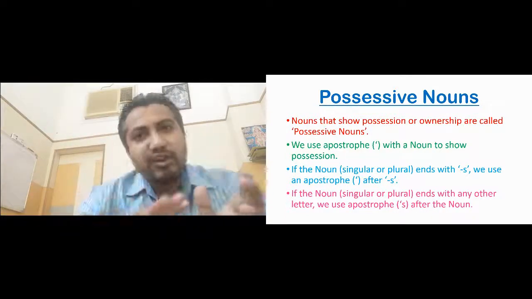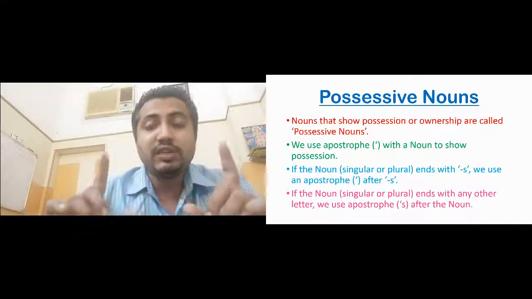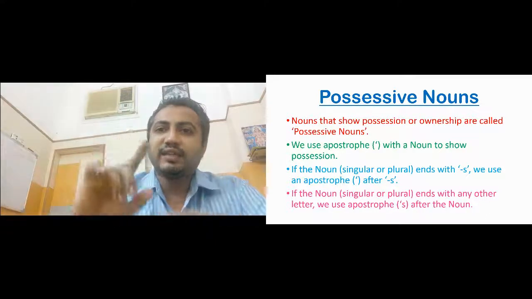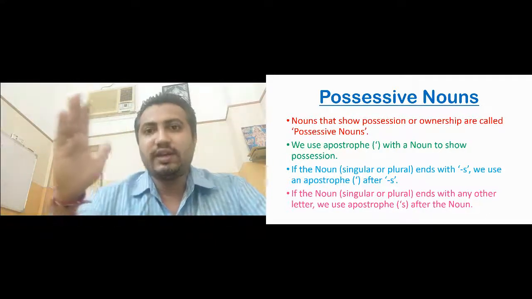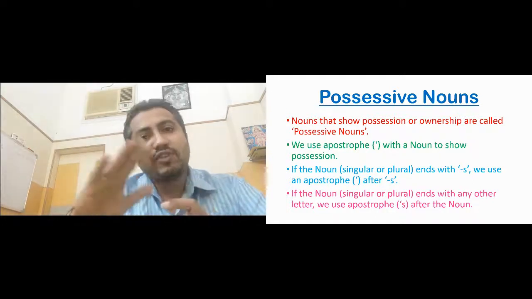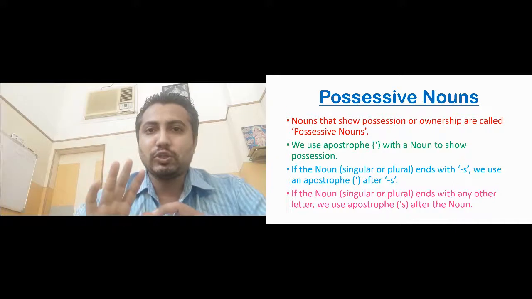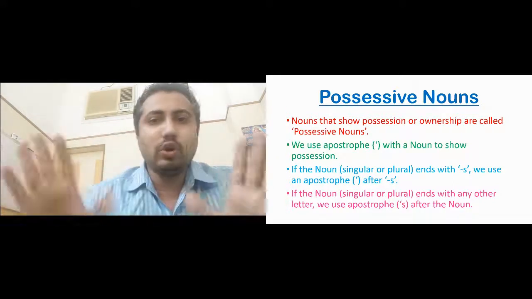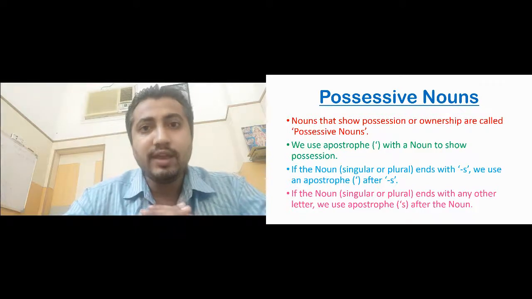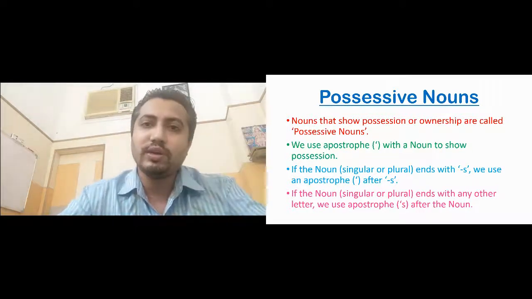Okay, after that s we have to put an apostrophe. Okay, I repeat, if the noun singular or plural has an s at the end, to make it possessive noun, after that s हमको सिर्फ एक apostrophe डालना है. We have to put an apostrophe, and after that apostrophe no s, क्योंकि already there is an s at the end of the word. Okay, this is how we can make the noun a possessive noun.